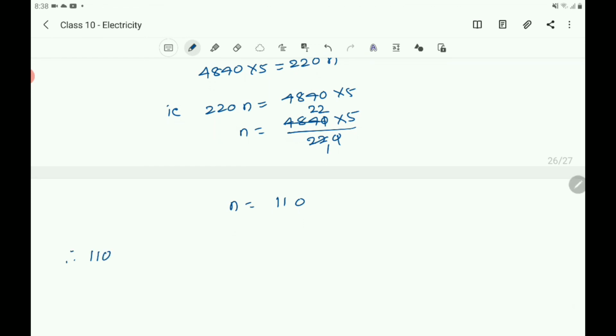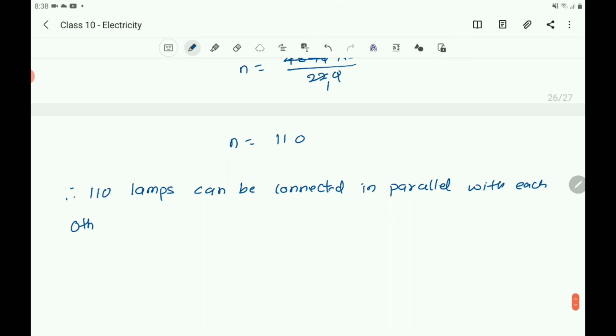Therefore 110 lamps can be connected in parallel with each other across the two wires of 220 volt line.